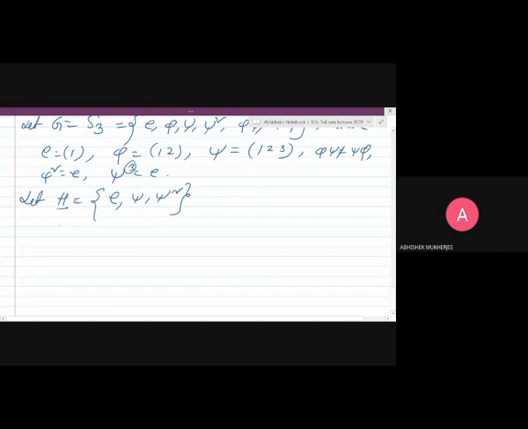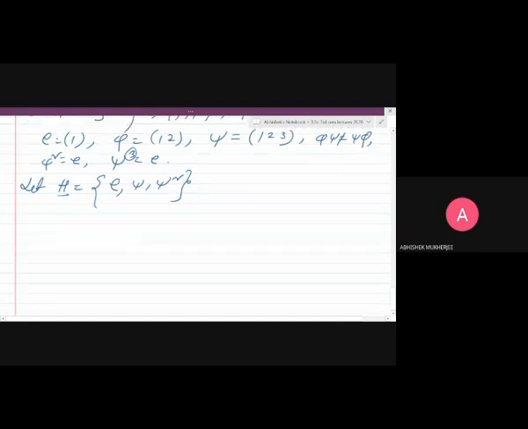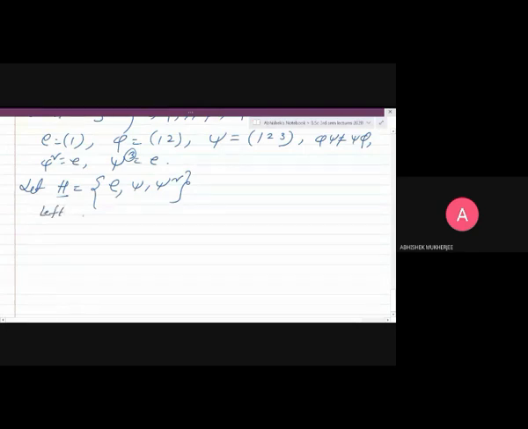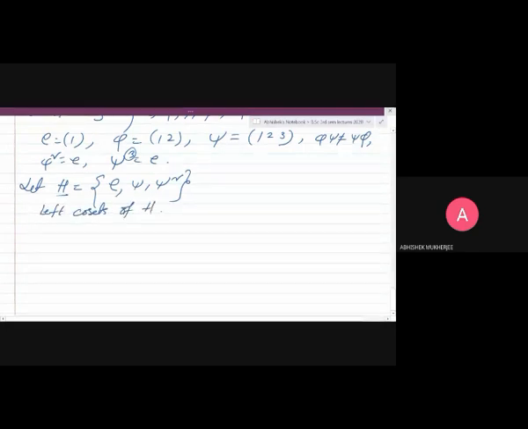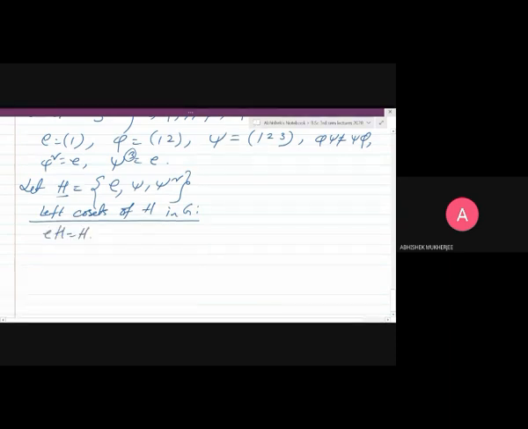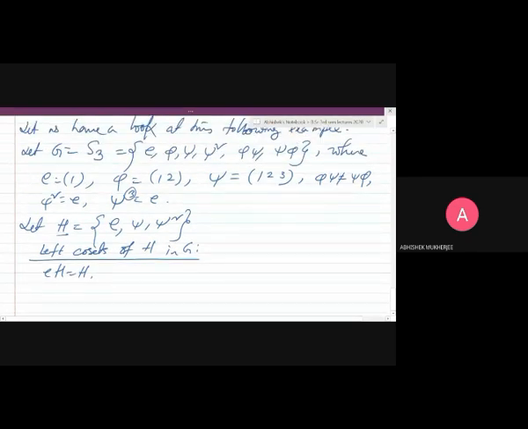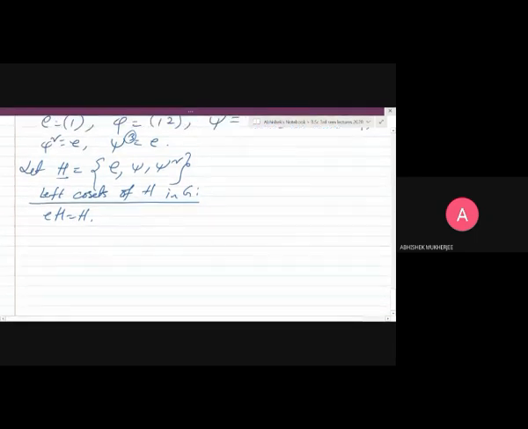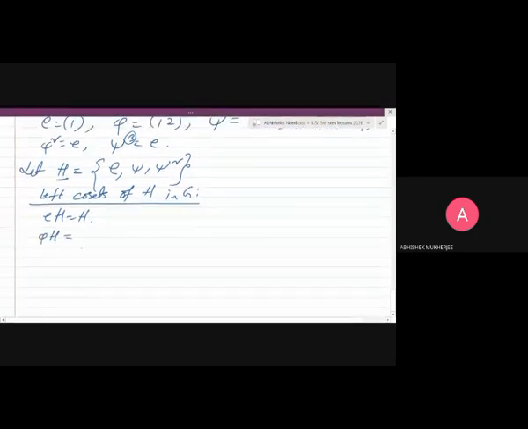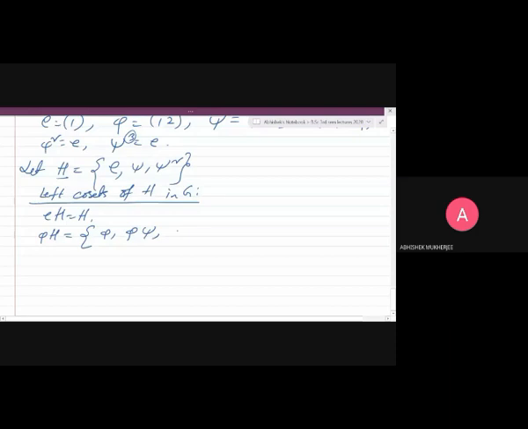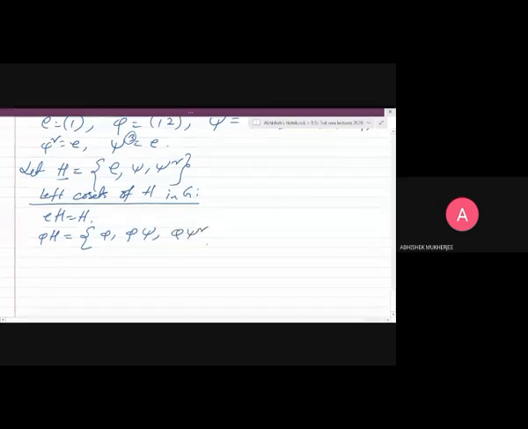First of all, the left cosets of H in G. Firstly, you will take EH, but EH is H. Then you need to take phi. So what is phi H? Phi H is phi, psi, and phi psi square.